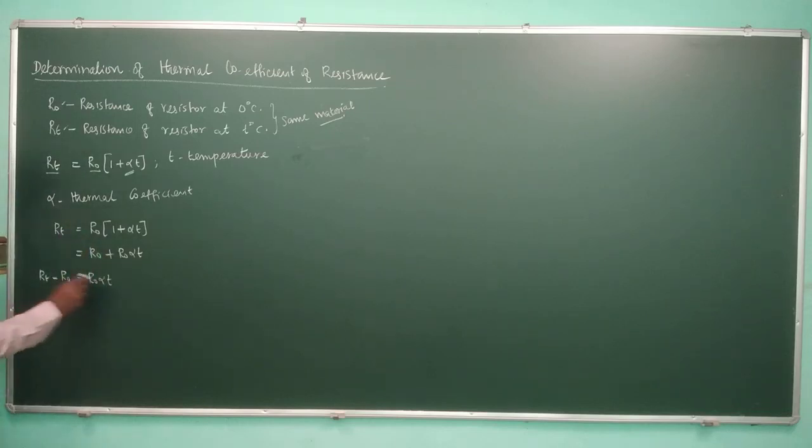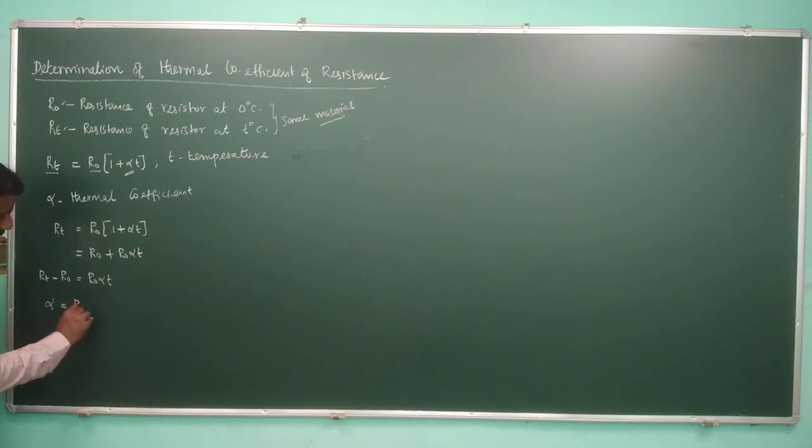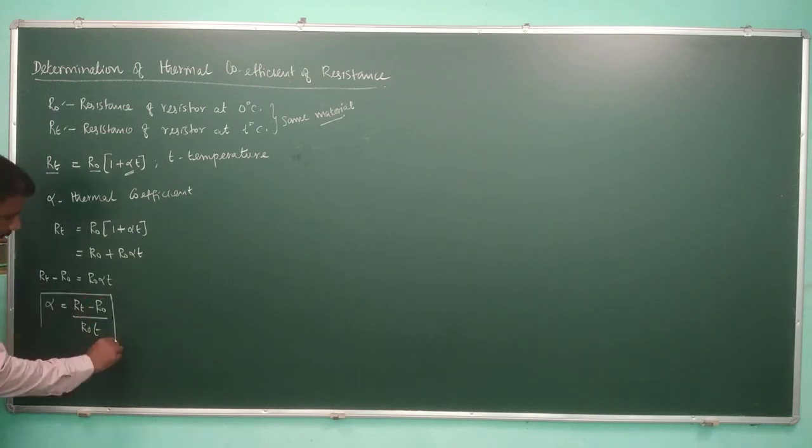Now we want the expression for alpha, which is equal to RT minus R naught divided by R naught t. Now we have obtained the equation for alpha.